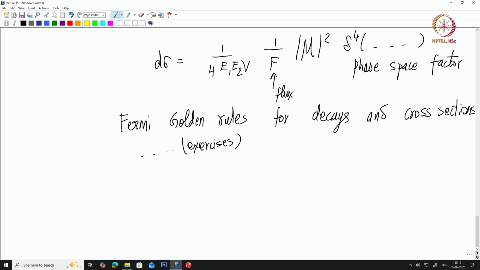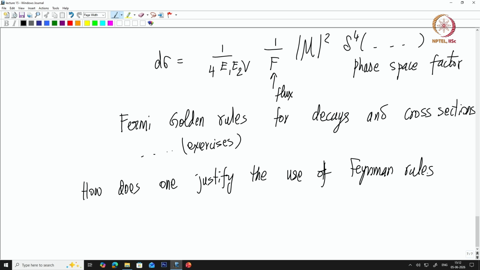Let me formalize the use of Feynman diagrams. Because of all the Wick's theorem and the Dyson series and everything, how does one justify the use of Feynman rules from the Dyson series, Wick's theorem, etc.? This justification is a little bit formal and it ends up giving you something called the reduction formula.